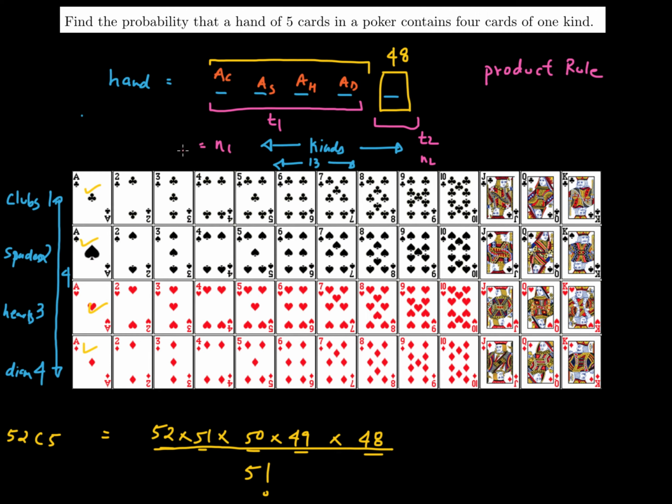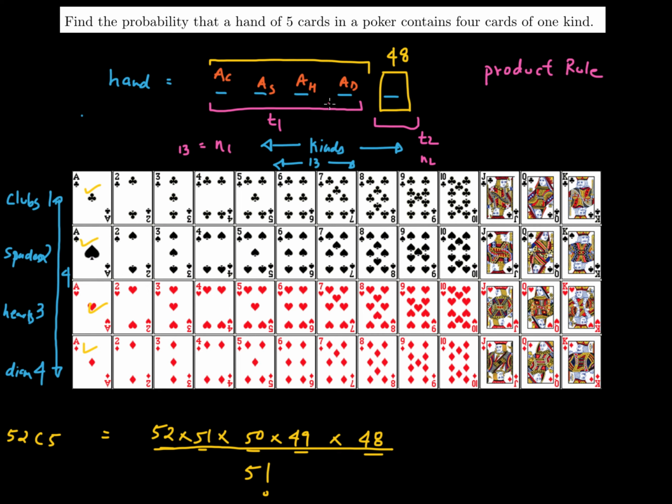This is 13 because I could put in aces, or 2s, or 3s, 4, 5, 6, 7, 8, 9, 10, 11, 12, and 13. So there are 13 different ways to select these 4 cards.